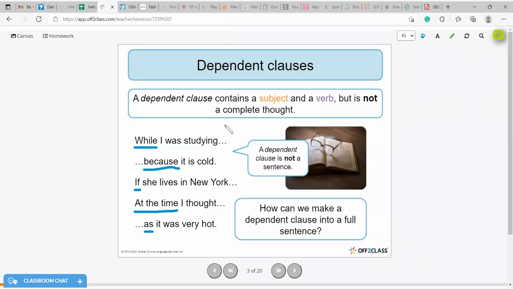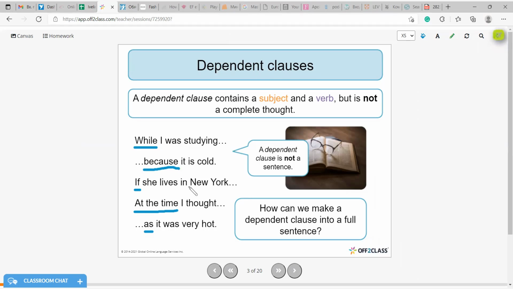Well, what is the answer? The answer is by adding another clause. So, for example, while I was studying, the phone rang. I will not go out because it is cold.